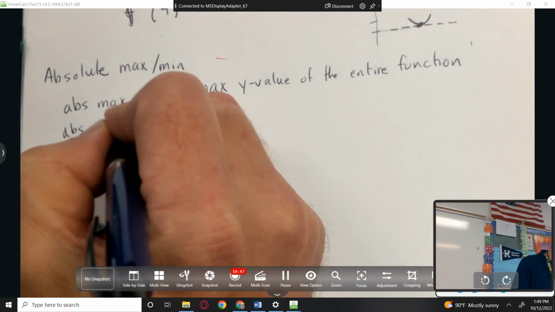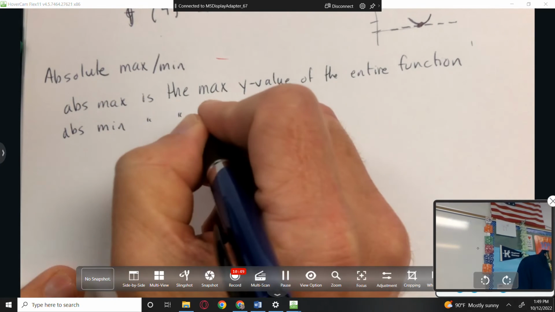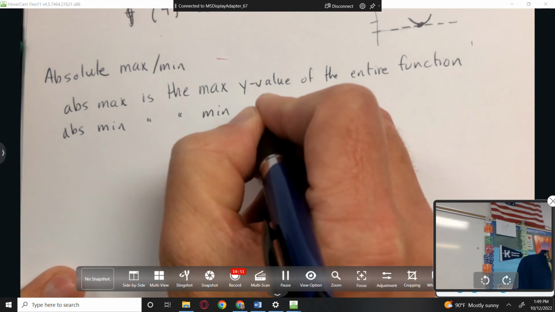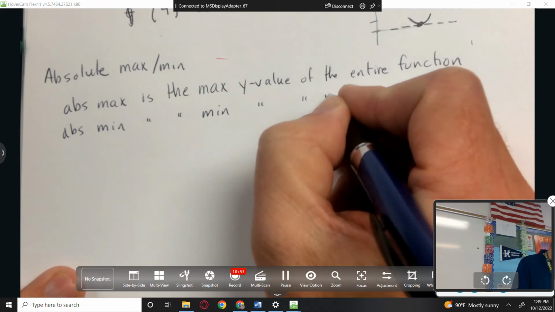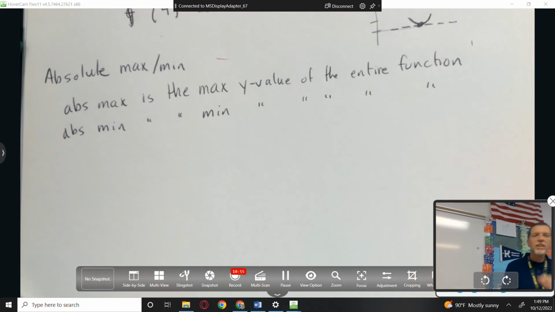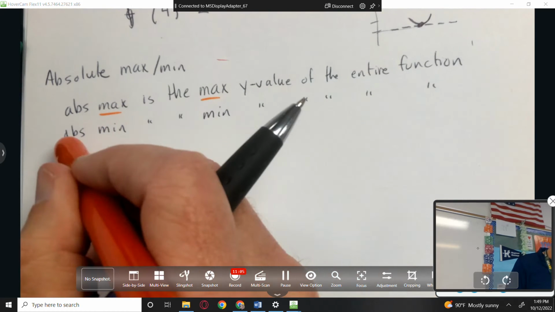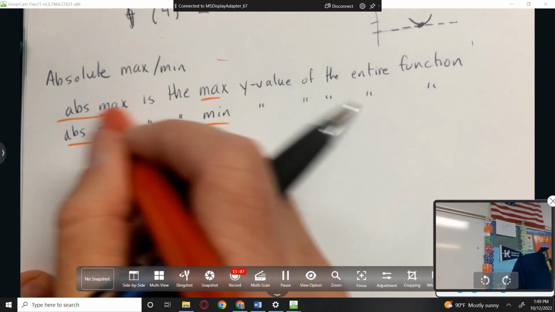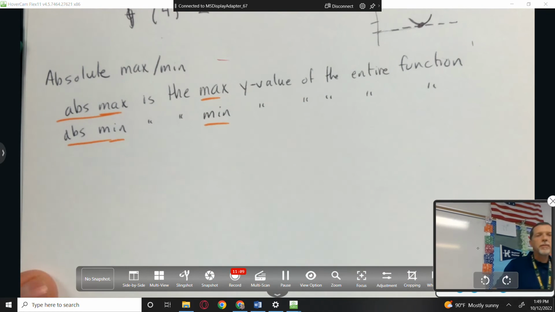And the absolute min, same thing, is the minimum y value of the entire function. Why are there so many quotes? Because I don't want to write out the whole words again. I'm just saying absolute max is the overall max, absolute min is the overall min. Maybe that's the easier way to say it.